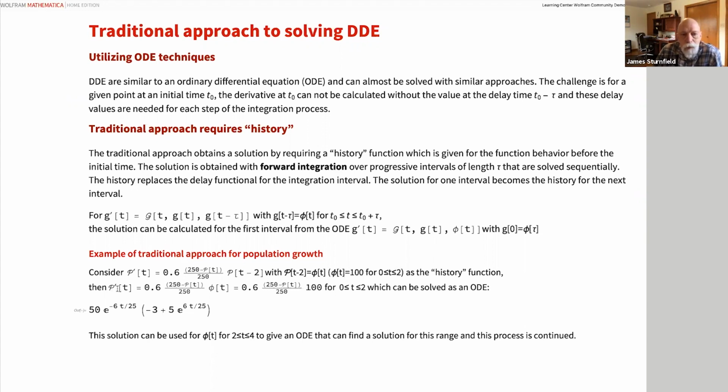And our delayed differential equation becomes then an ODE, which we can solve, and we get this equation for that ODE. We can then use that to solve for the next interval from 2 to 4, and continue to generate the whole solution to the differential equation.